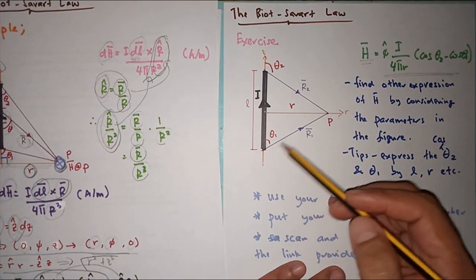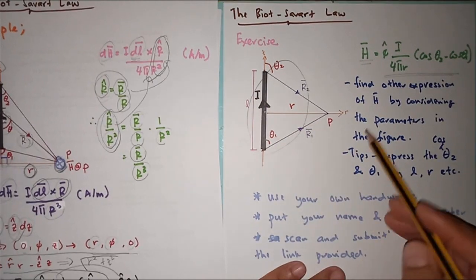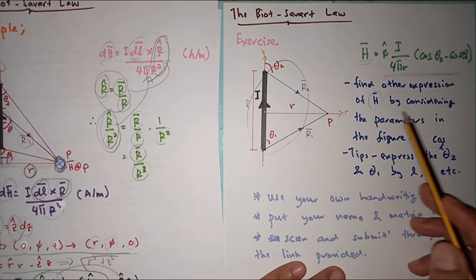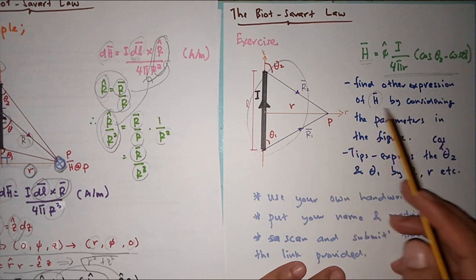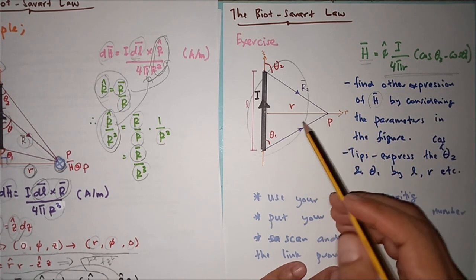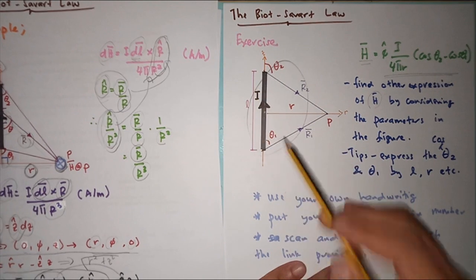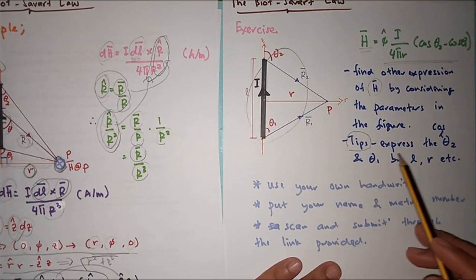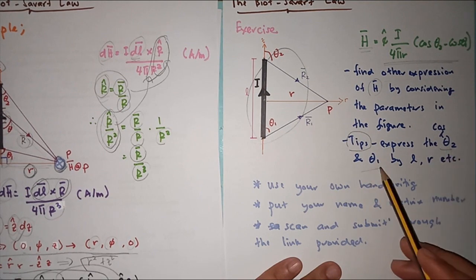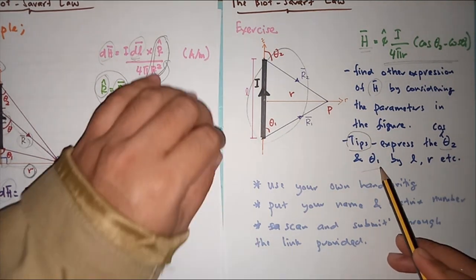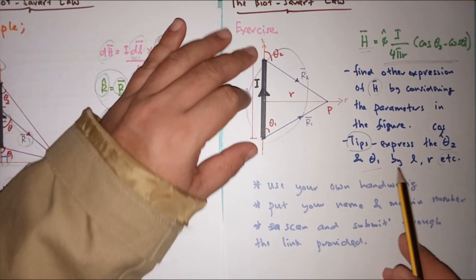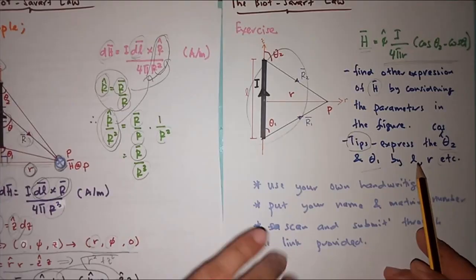Based on this case, you need to find what other expression of H can be derived by considering the parameters given in this figure. As a tip, you need to express cos theta 2 and cos theta 1 by using L and R, or any other parameter that you may find in this figure.